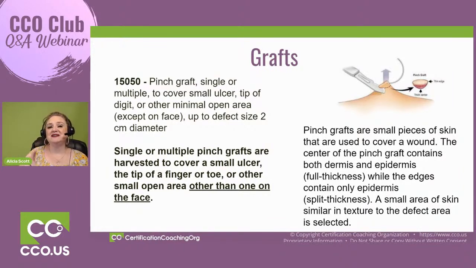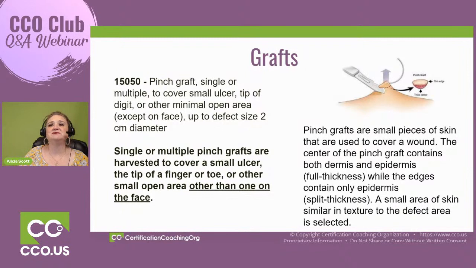Now, notice the parenthetical, except on the face. So this is another area where I could see a classic test question coming in, where they could even call it a pinch graft, but it's something else if they put something on the face.